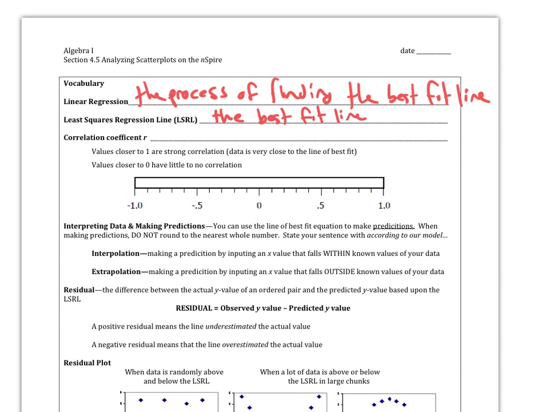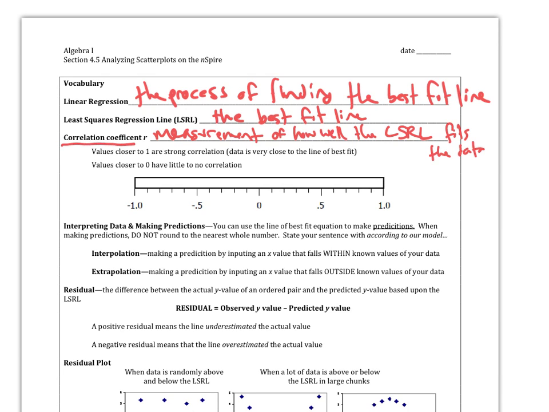Now, the correlation coefficient R is a measurement of how well the line, the LSRL, the best fit line, fits the data. So the residual plot before was one measurement of how well the data fits the line.